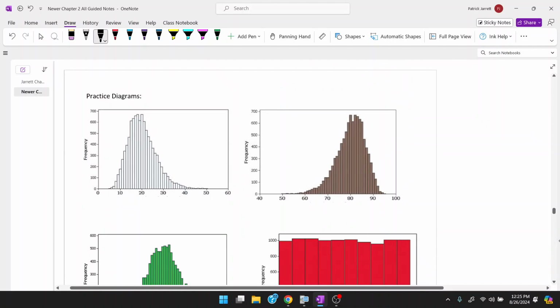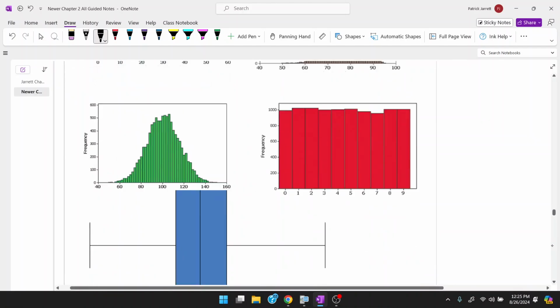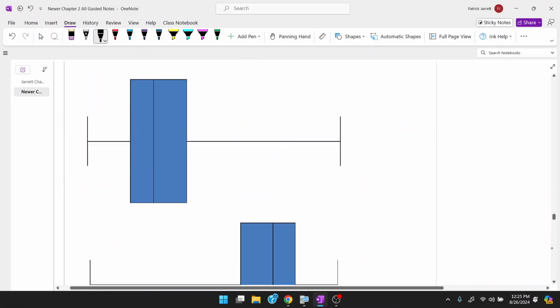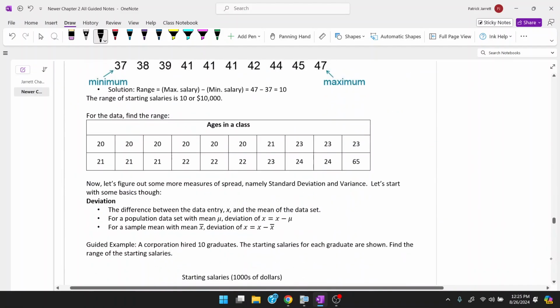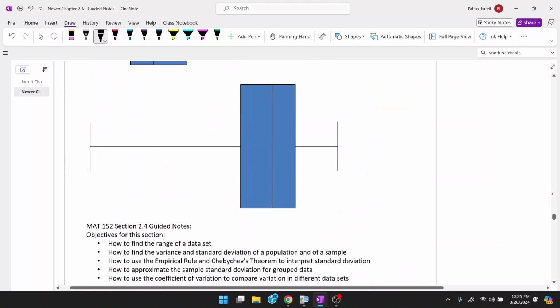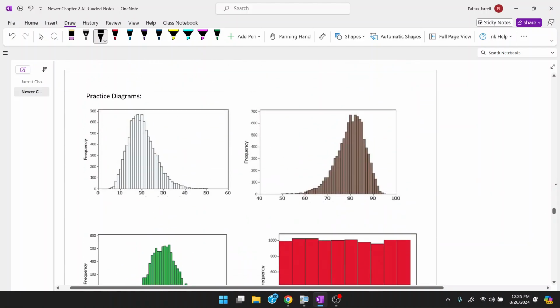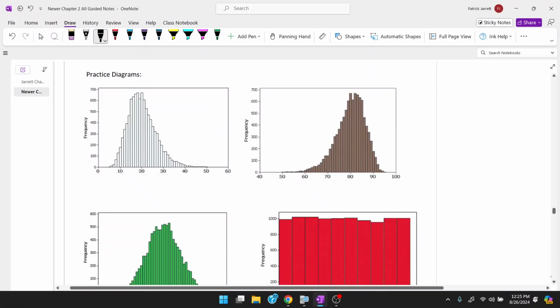So, I've got some practice diagrams for you, and it can be extended to box and whisker plots, which we're going to learn about possibly today. If not today, definitely Wednesday. So this first one, this black and white one, what would you call this one? I would call that skewed right.